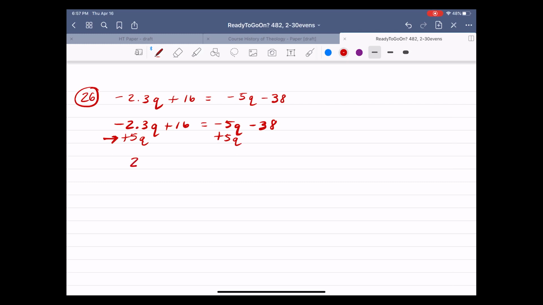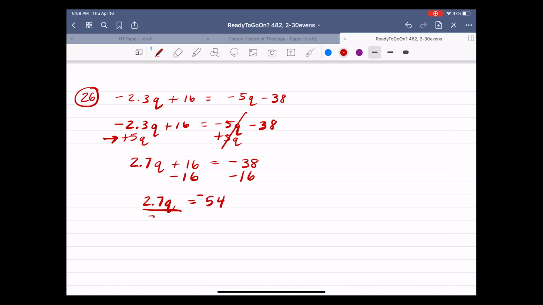So we know our new difference is 2.7q plus 16 equals negative 38, because negative 5q and positive 5q come up to be 0. Now I'm going to subtract 16 from the left, and I'm going to subtract 16 from the right, and I'm going to have 2.7q equals negative 38 minus 16, which is negative 54.